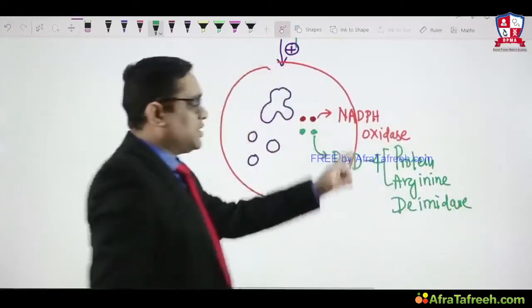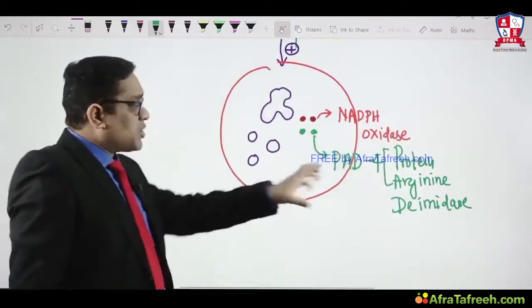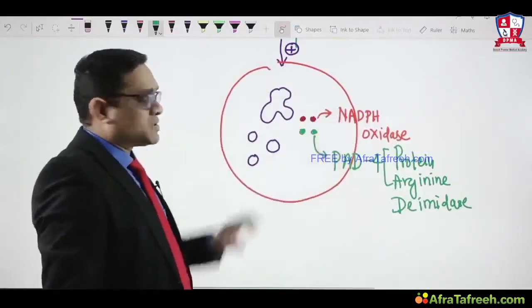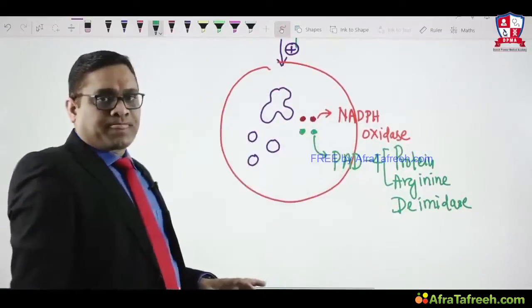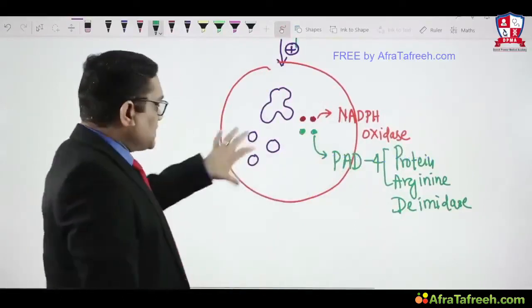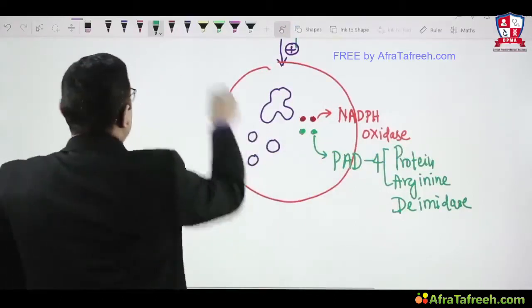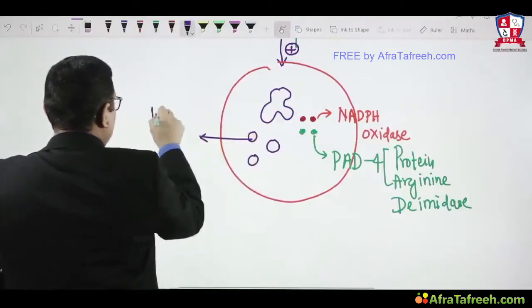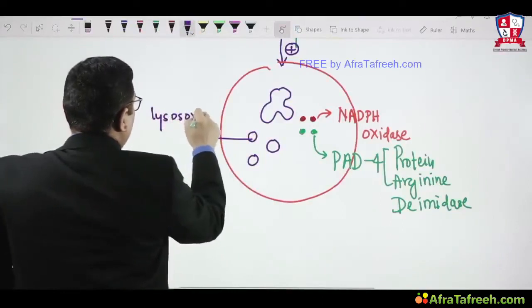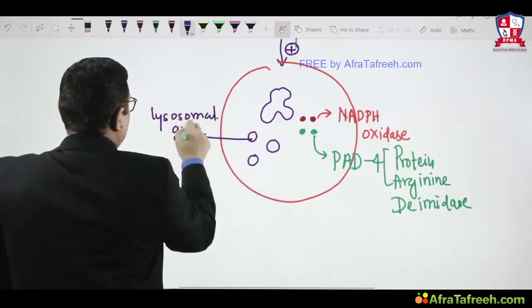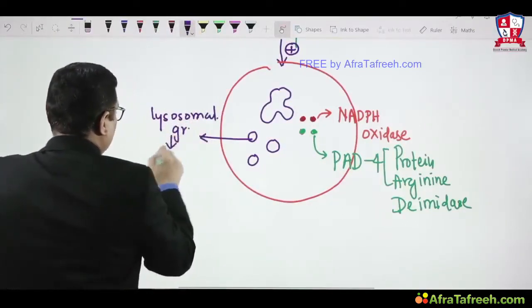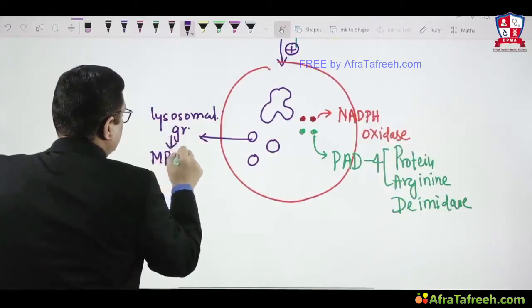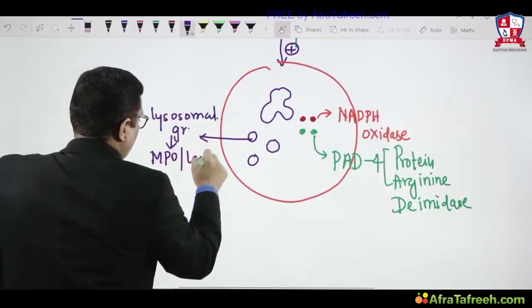So protein arginine deiminase and NADPH oxidase, what are they going to do? They will have two functions. And this one which I have shown in purple color is the lysosomal granule. Lysosomal granules will have myeloperoxidase and lactoferrin.